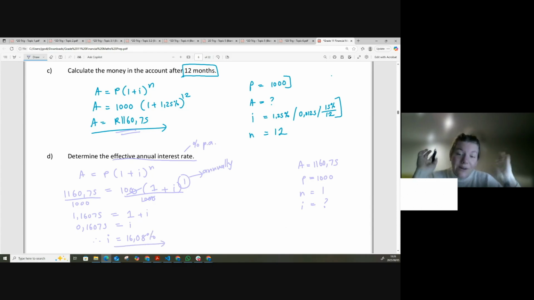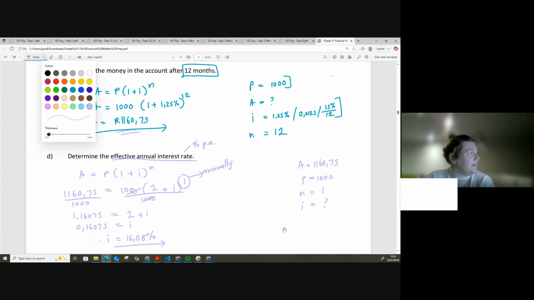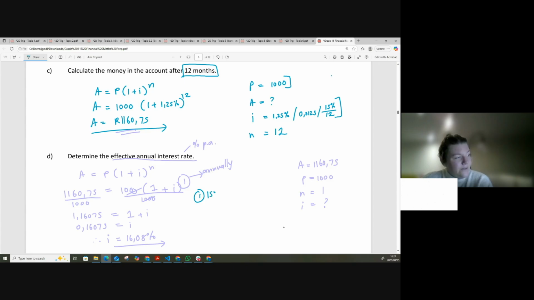So if I wanted to have the same offer, let's write the 2 different options. Option 1 was 15% per annum, compounded monthly.